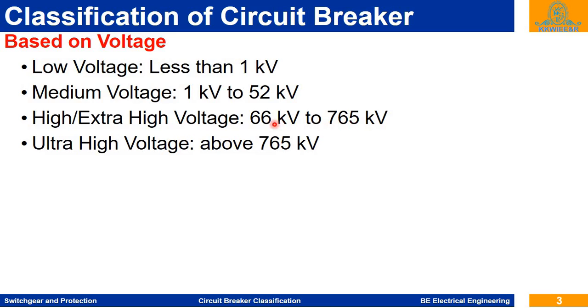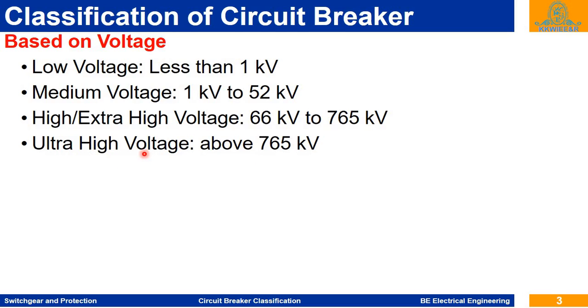These various voltage levels are used in the transmission of electrical power. Next is ultra high voltage, above 765 kV. They are called ultra high voltage or UHV.